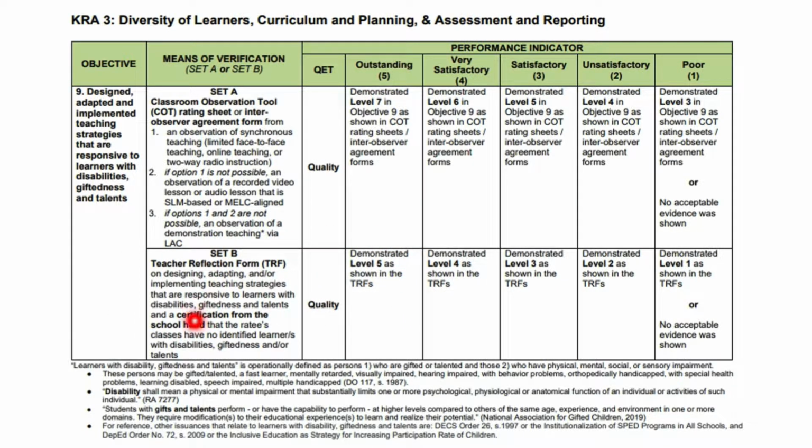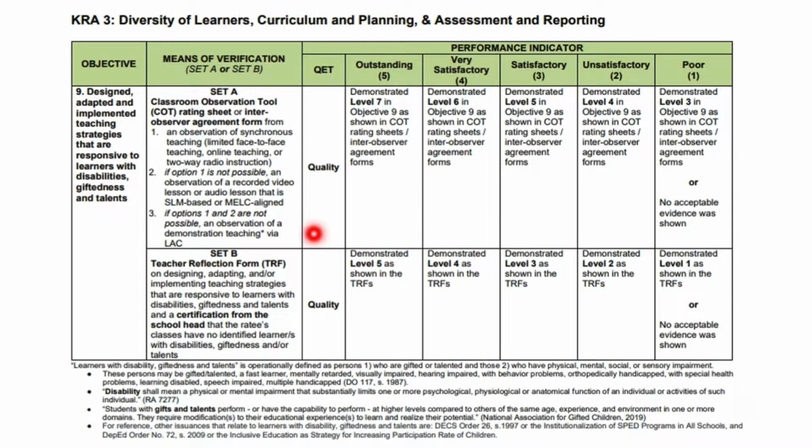So, yung TRF dapat natin is on designing, adapting, or implementing teaching strategies that are responsive to learners with disabilities, giftedness, and talents, and a certification from the school head. So, kailangan natin i-indicate yung certification that the rated classes have no identified learners with disabilities, giftedness, or talents. So, let us take note na yung hinahanap dito sa set B is yung teaching strategies.